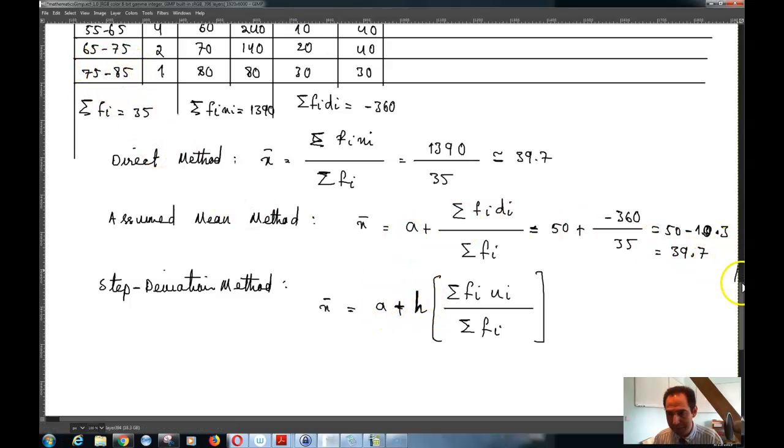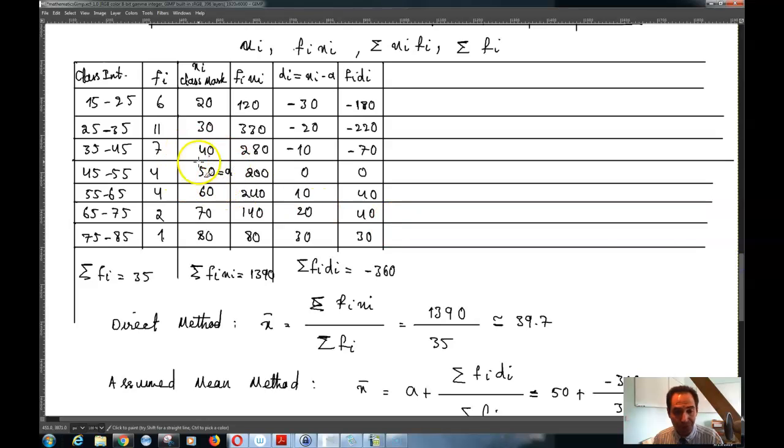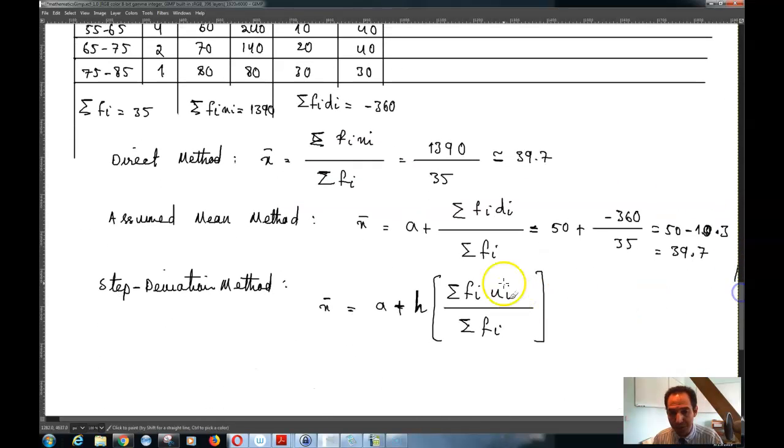My a is 50, that I know already as well. Now the only thing that I need to calculate is u of I, and then u of I times f of I, and then sigma f of I u of I.